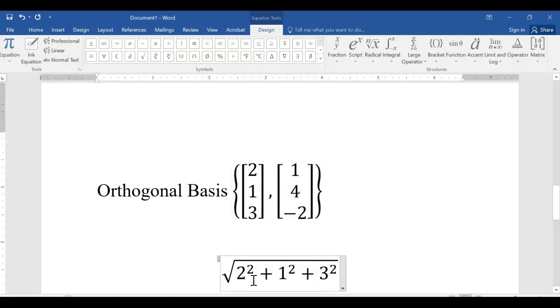So if you calculate that, that's 4 plus 1 plus 9, which is 14. Again, what I'm doing there is I'm just taking the inner product of (2, 1, 3) with itself, and then taking a square root of that. So square root of 14 is the length of (2, 1, 3).